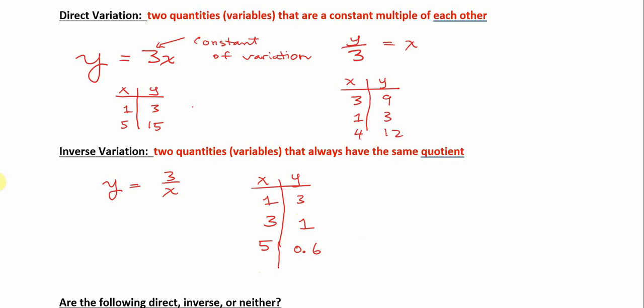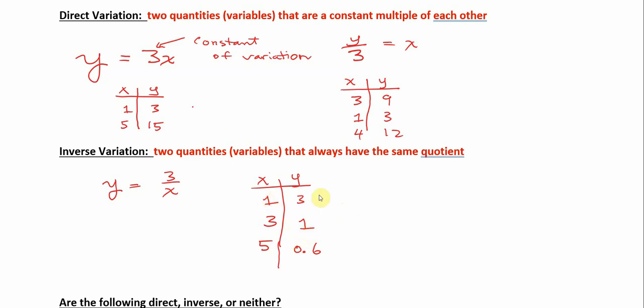The other thing is that if you were to multiply y and x, you would always get the same number.